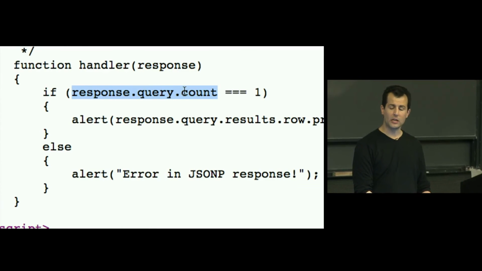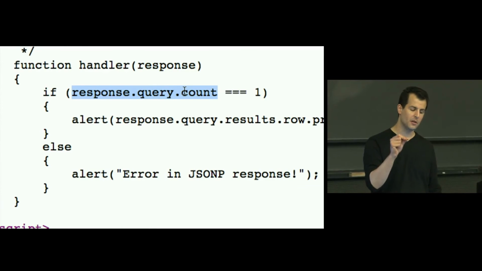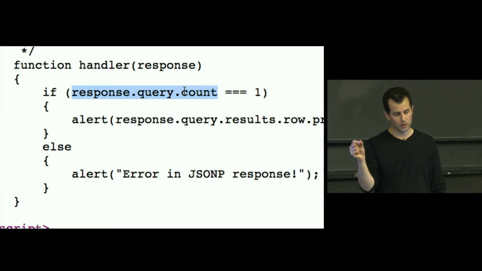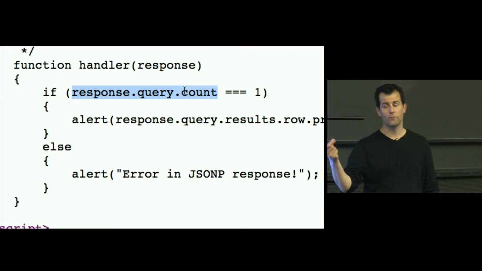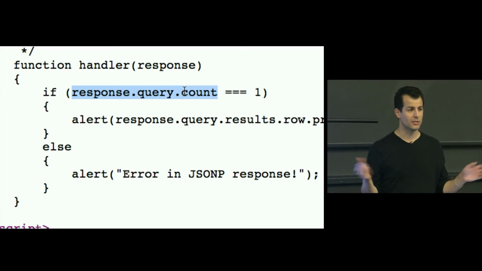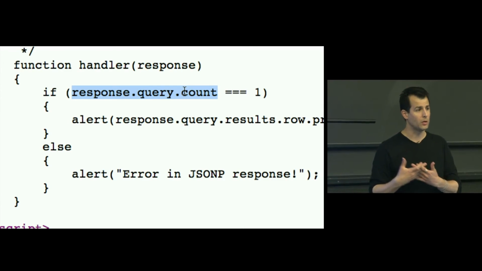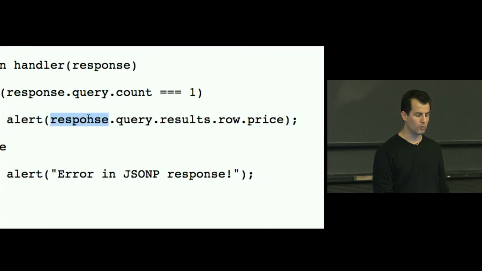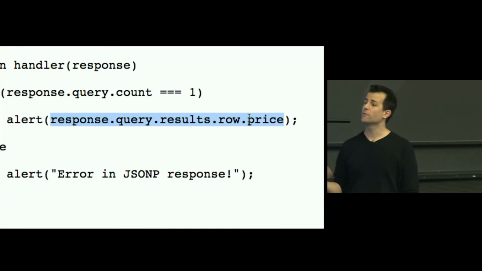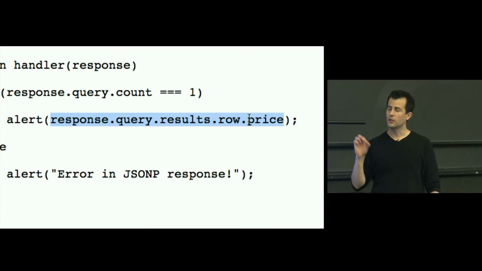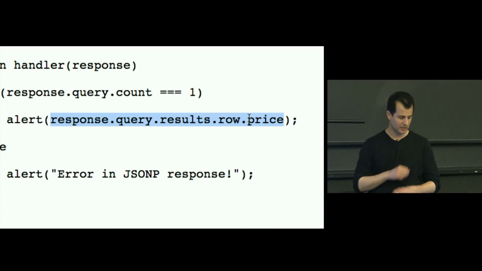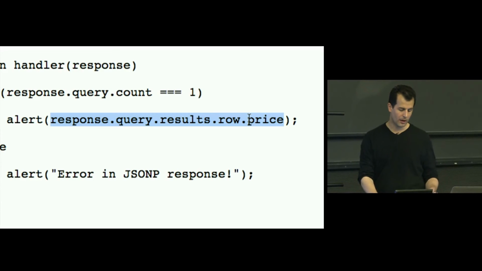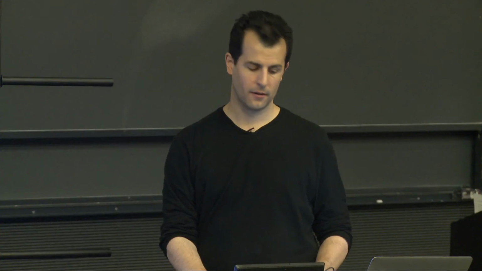I happen to know by reading Yahoo's documentation, if the response object has a query property, has a count value of 1, that means I got back 1 stock price. And it took some trial and error to figure out what the server was sending me, but I figured out that it should equal 1. And when that happens, I should output response.query.results.row.price. Very convoluted number of steps to get to that point. But again, you'll see in the first specification of the project exactly what that's doing and why it's doing it.